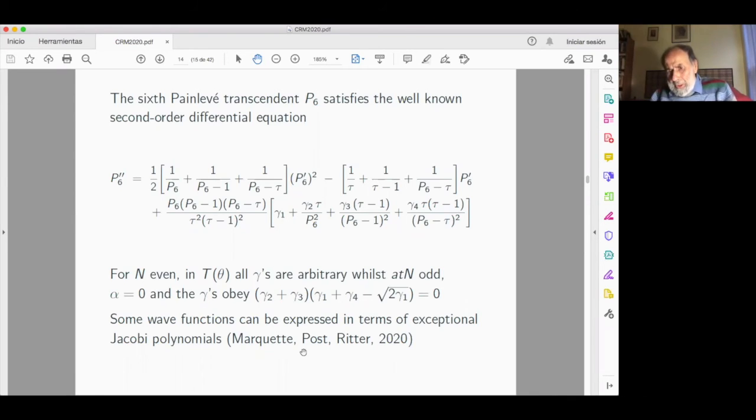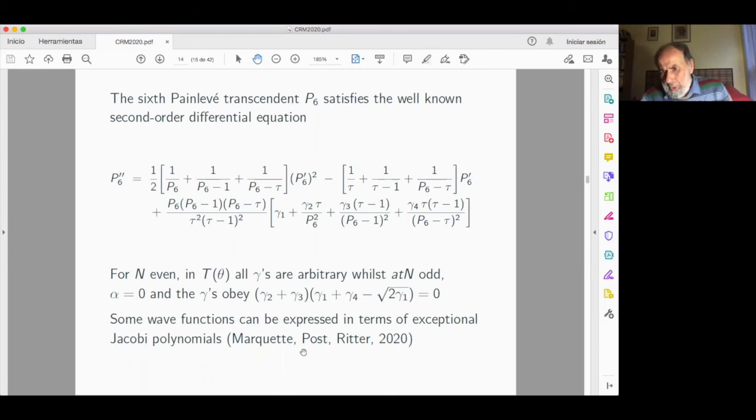One comment I could make on that is that the orthogonal polynomials appeared in very exceptional cases. What's exceptional about them is that, as we know, the Painlevé equations by definition are nonlinear in general.